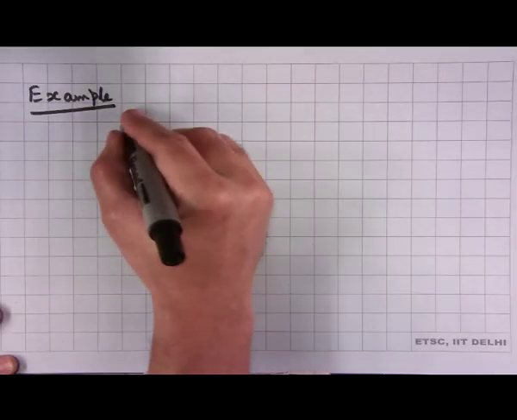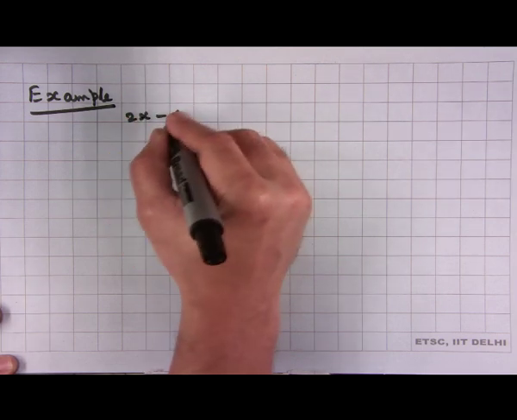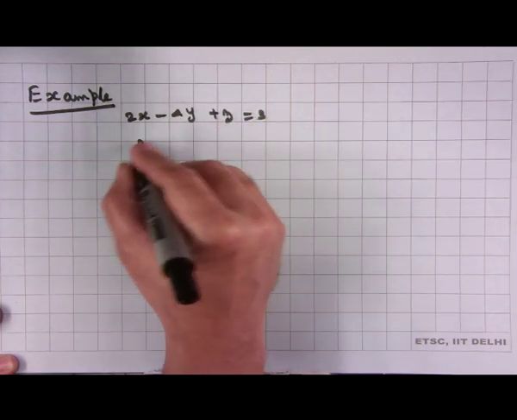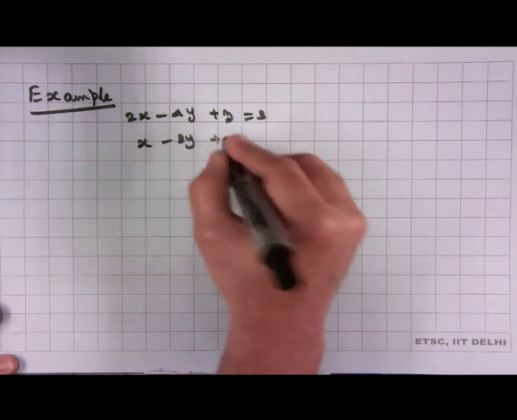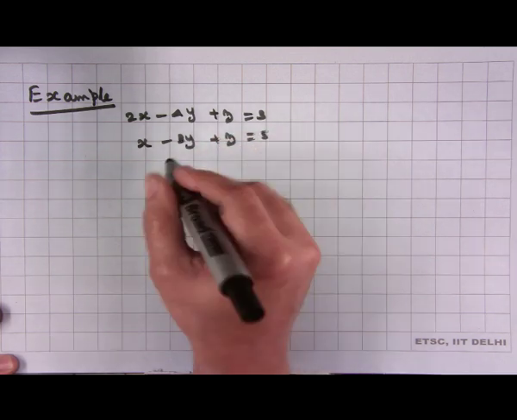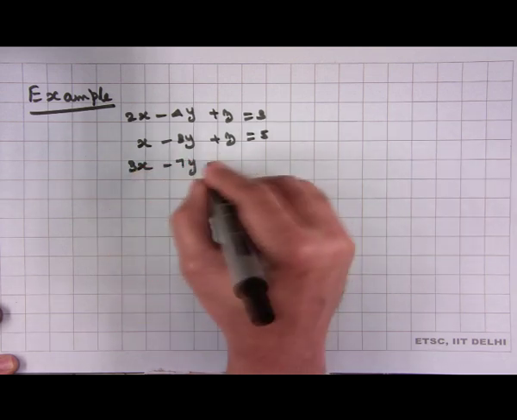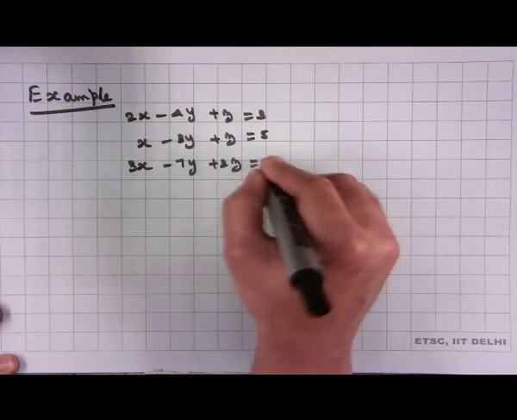Let us begin with an example: 2x minus 4y plus z equal to 3, x minus 3y plus z equal to 5, 3x minus 7y plus 2z equal to 12. Fine.